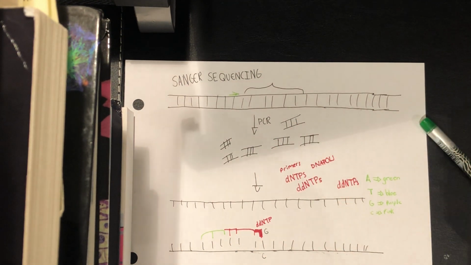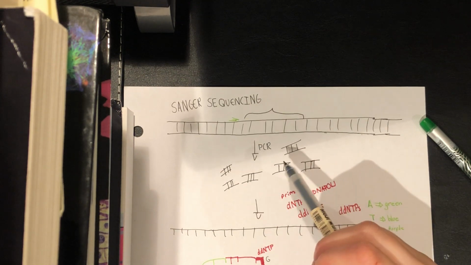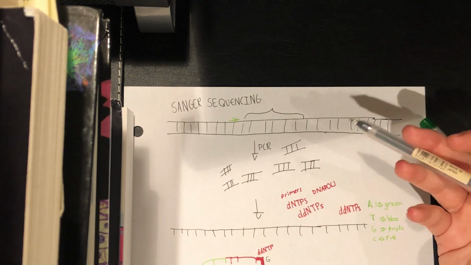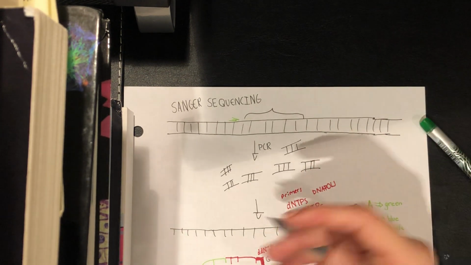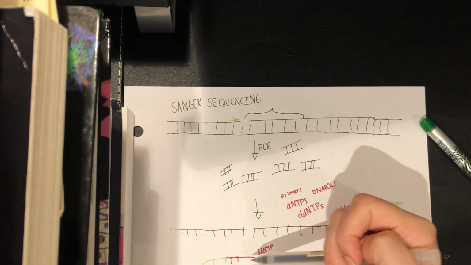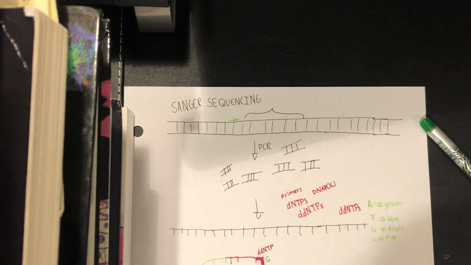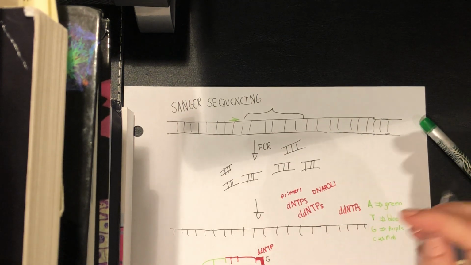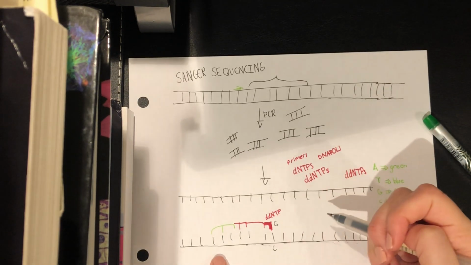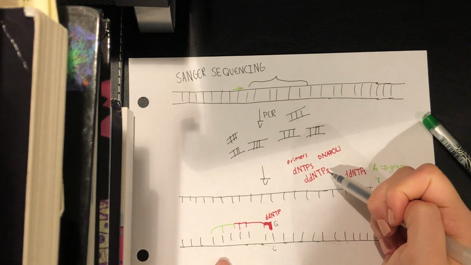So again, what's going to happen is because you have so much of this amplified DNA, the DNA polymerase is going to do this multiple times. So it's going to put ddNTPs randomly throughout the sequence. So what could happen is one of your strands could be 2 nucleotides long, depending on where the ddNTP was placed.